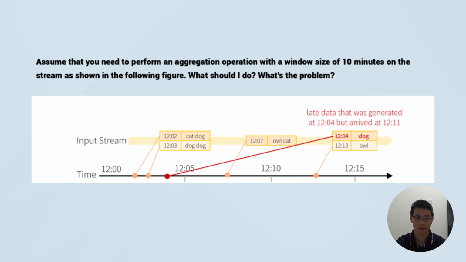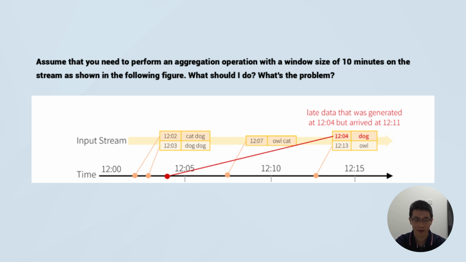This is a simplified process. You might notice a couple of issues. First, how long should we wait for delayed data? And do we need to process all delays? If you decide to process delayed data, how do we handle it? For example, dog at 12:04. We cannot keep state indefinitely, as that's impractical.